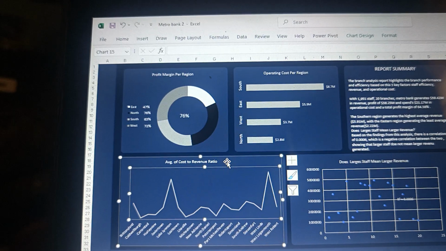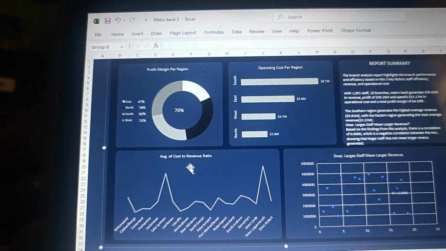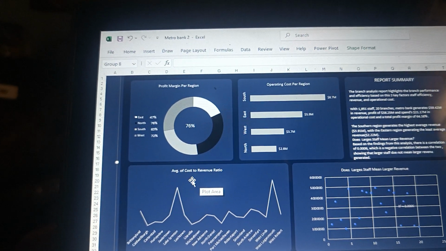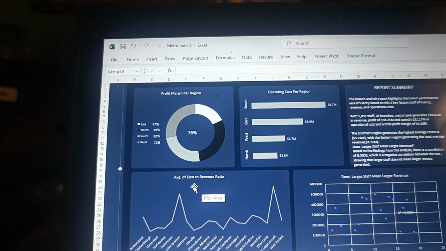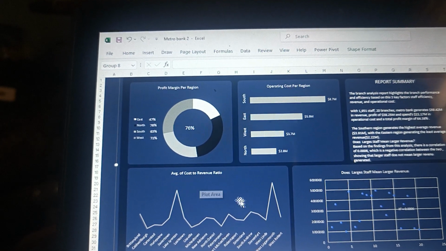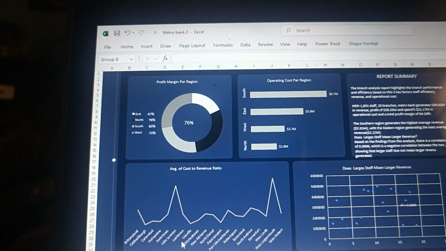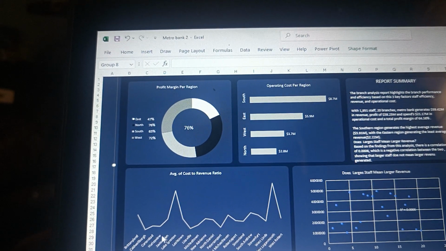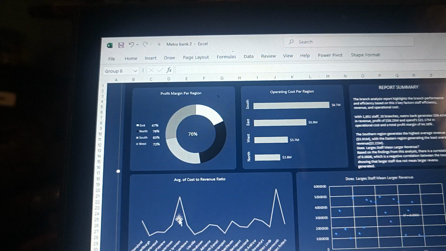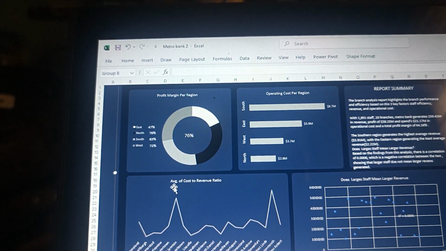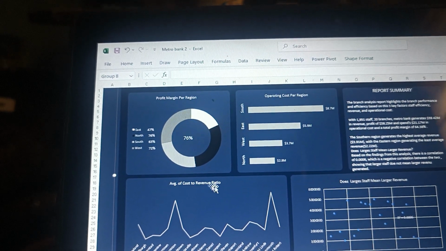Over here I calculated the average of cost to revenue ratio. I decided to use city to compare it, checking the average cost to revenue ratio by city.